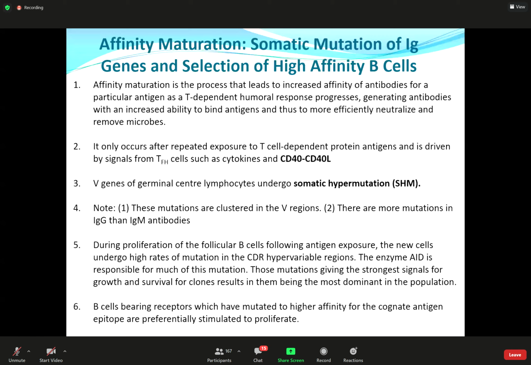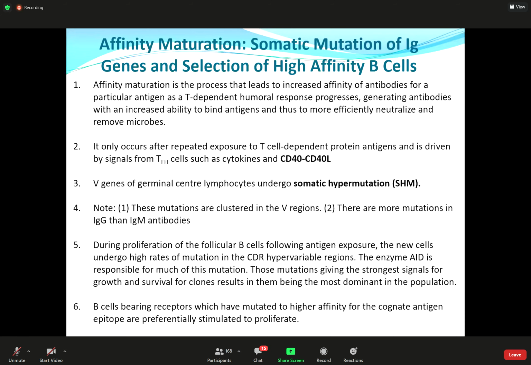So basically, through this enzyme, it's causing different affinities on the antibody receptor of B cells for this non-self antigen.